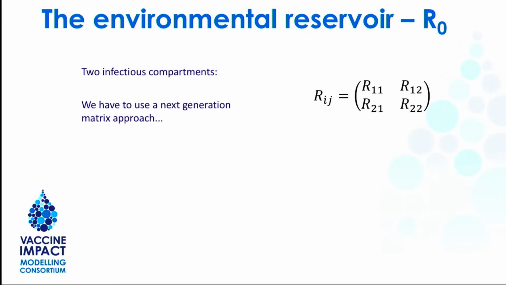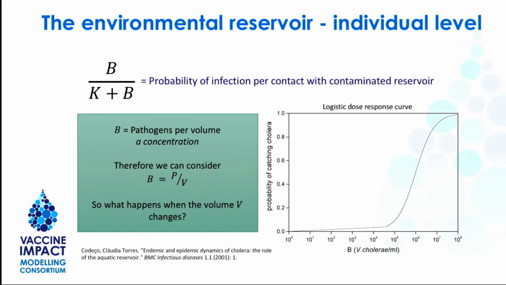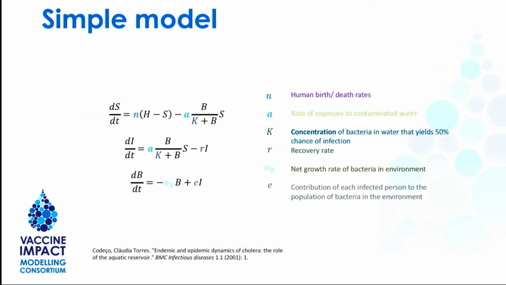Okay. Just come back a bit on why we should use the next generation matrix. So let's go back here. In the other model that we saw, the next generation matrix approach, what we had was two populations, adults and children, and both of those populations had an infected group. We've got a similar sort of idea here. We've got two populations. We've got humans and the bacteria in the environment, and each one of those has got an infected group.